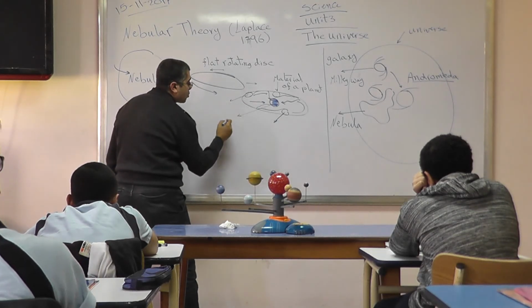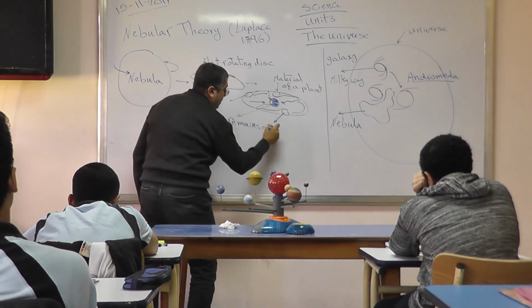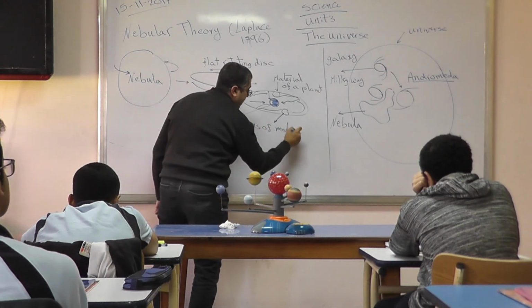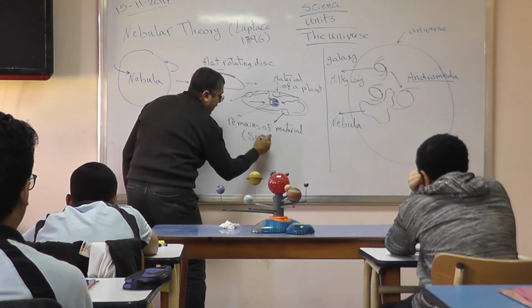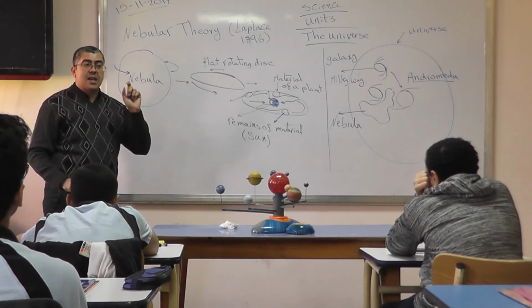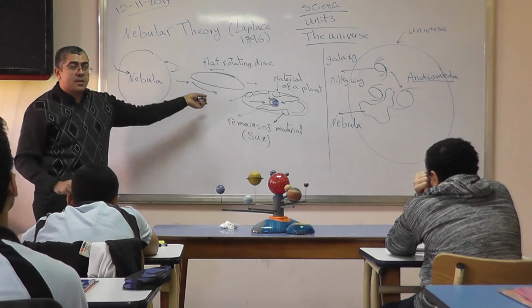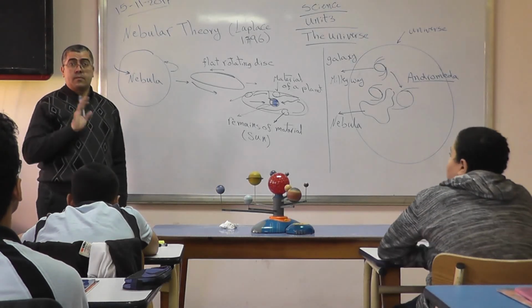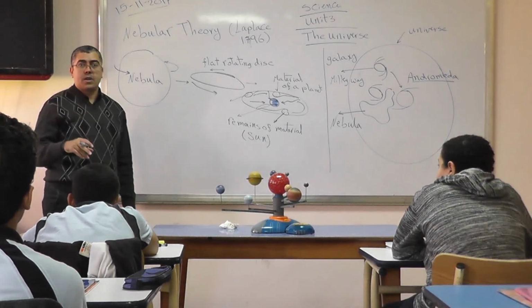This center is the remains of material or gases, and it's called the sun. So in this theory, the sun is formed by the remains of gases in this nebula.